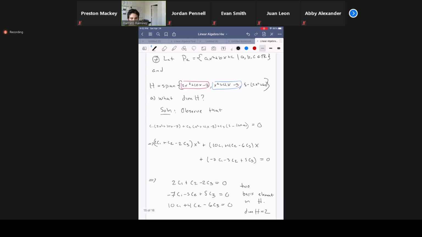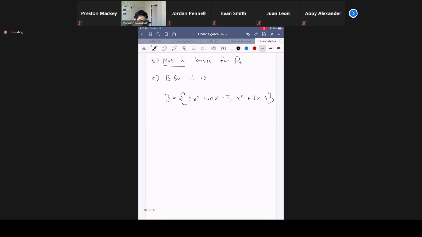Okay, so the dimension is 2, not a basis, because it's only going to span H, so it's definitely not going to span P2. If it did, then the subspace would be the entire thing.